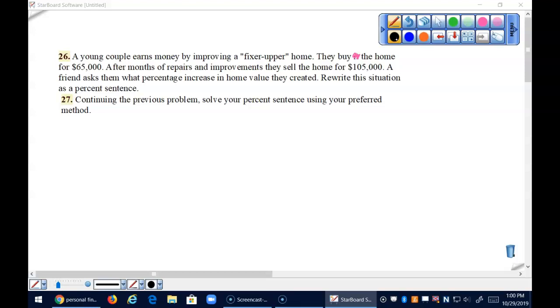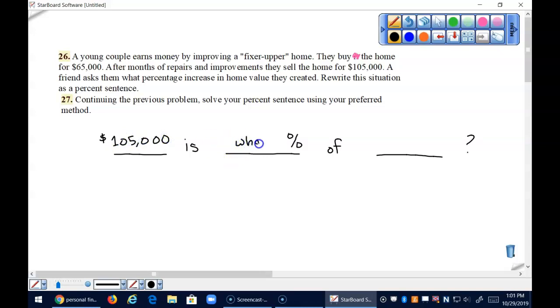We can always have something is something of something. 65,000 is what percent of 105,000? Almost backwards. The 105,000 is what percent of the 65?